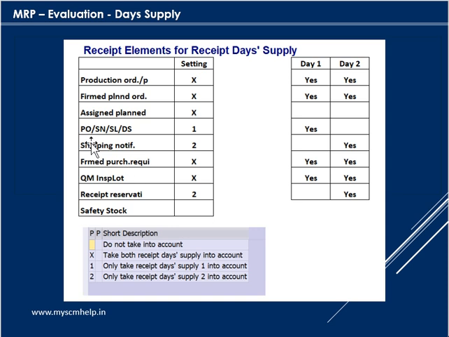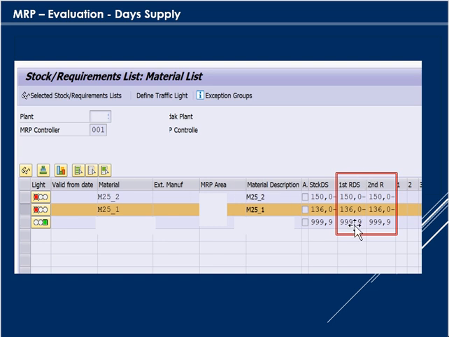Like that, the shipping notification is only in day 2, and the receipts reservation is only in day 2. But for firmed purchase requisition and QM inspection lot, this is available in both places. Based on this configuration, the system will calculate the first receipt day supply and second receipt day supply. This will help the planners to plan better.